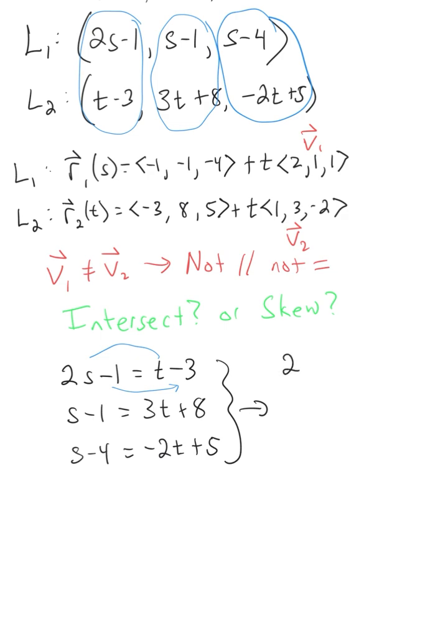So that's going to be 2s minus t equals -3 plus 1, so -2. Then s minus 3t equals 9. And then s plus 2t equals 9 also.